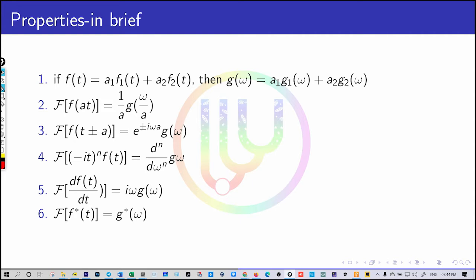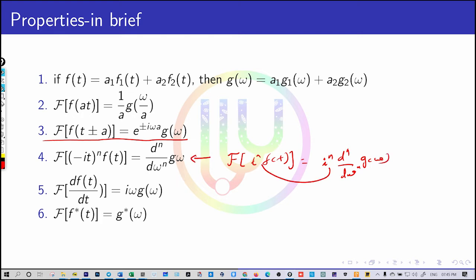Now up to this was നമുക്ക് പരിചയമുള്ളതാണ്. Now from this we have Fourier transform of t raised to n f of t is actually equal to I raised to n d n by d omega n of g of omega. അത് നമുക്ക് മറ്റൊരു ഭാഷയിൽ എഴുതിയാൽ ഇങ്ങനെ എഴുതാം, ഈ I raised to n നമുക്ക് ഇപ്പുറത്തേക്ക് കൊണ്ടുവരാം.